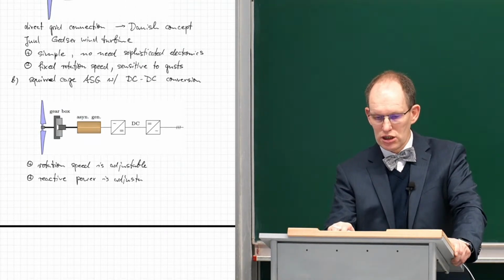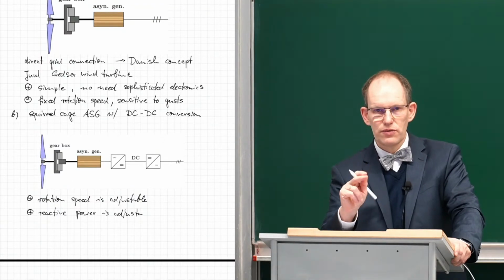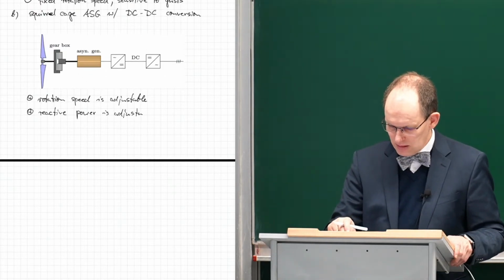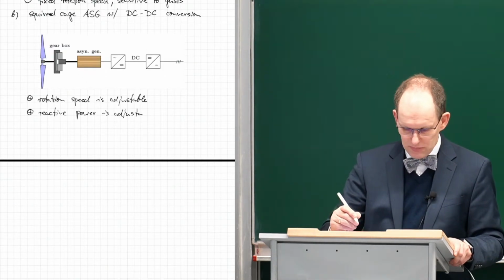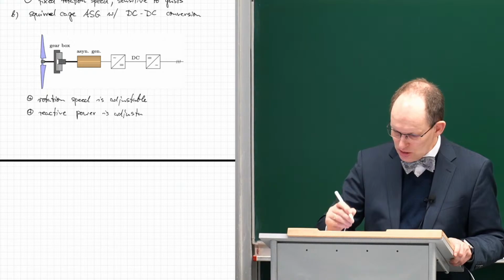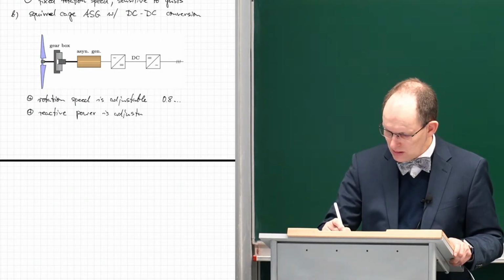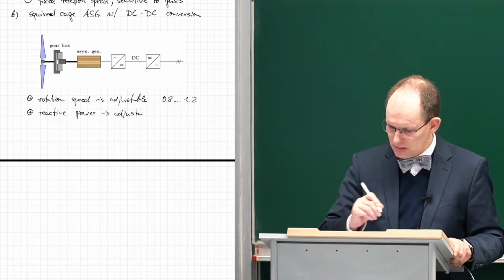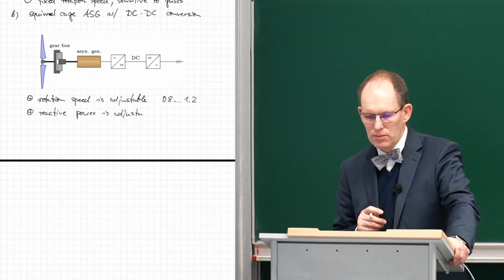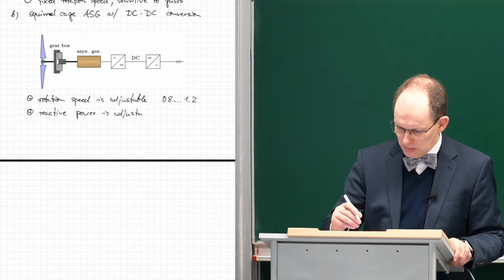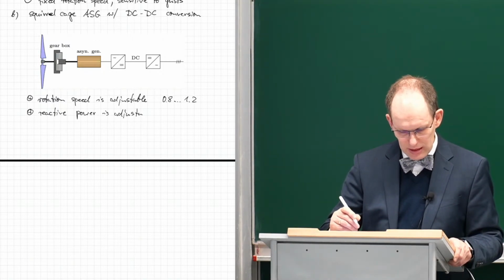Right? So they actually had to pay penalties for the above design because of the low quality of the electricity it delivers. Rotation speed is adjustable, actually not very adjustable, but 0.8 to 1.2, 20% back and forth of the nominal rotation speed.